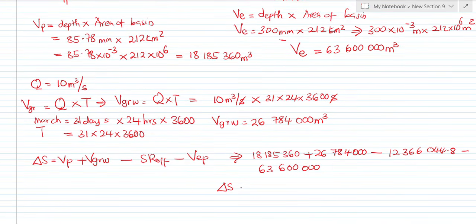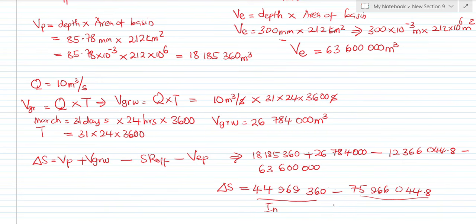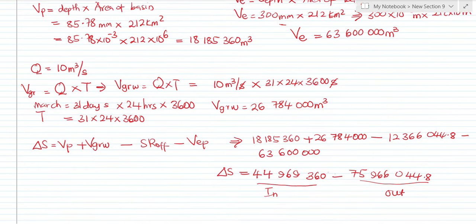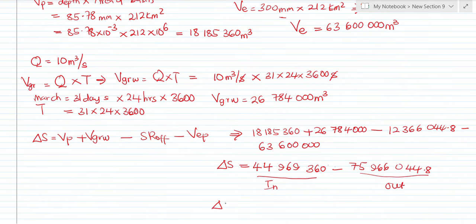Now when you do the computation, the change in storage in terms of volume will give us what? Putting the positives together, we are getting this, and putting the negatives together, we are getting this. So this is the ins, and this is the outs. Here we can finally find our change in storage in terms of volume.